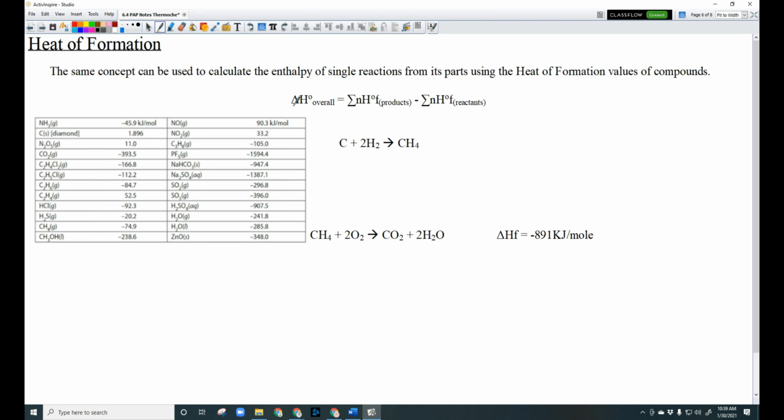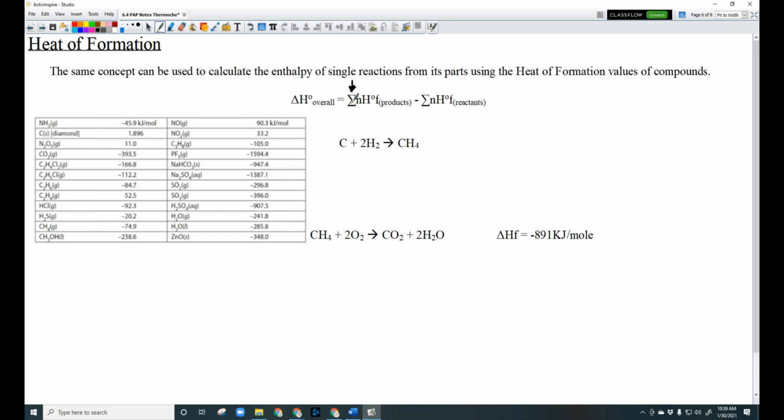So the equation is the overall delta H, the overall enthalpy for this reaction is, okay, now this little symbol here means the summation of. You're just going to add up. N is moles, and HF is the heat of formation of a compound.